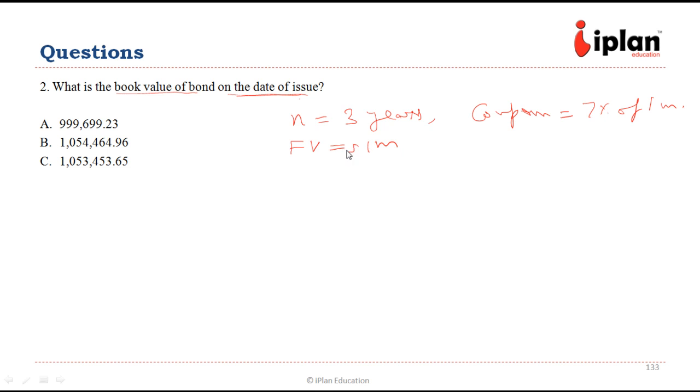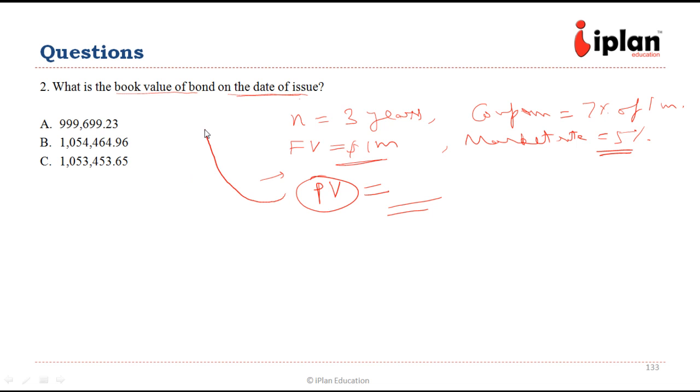We have market rate as 5%. So we can put these values in the financial calculator and find out the present value of all the future cash flows, which is nothing but the book value of the bond on the date of the issue. Which comes out to be 1,054,464.96. So which is option B. So this is going to be the book value of the bond at the time of issue.